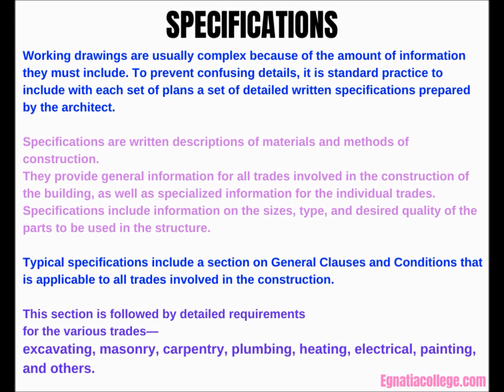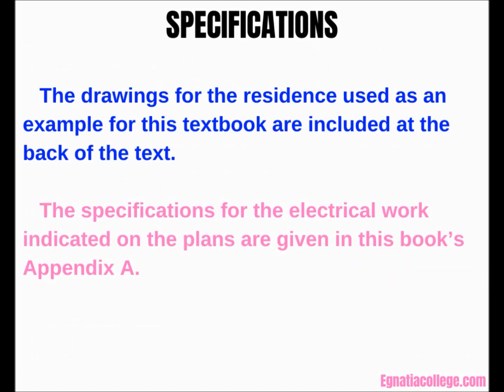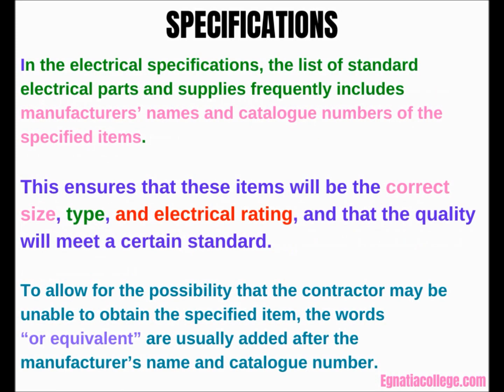This section is followed by detailed requirements for the various trades: excavating, masonry, carpentry, plumbing, heating, electrical, painting, and others. The drawings for the residence used as an example for this textbook are included at the back of the text. The specifications for the electrical work indicated on the plans are given in this book's Appendix A.